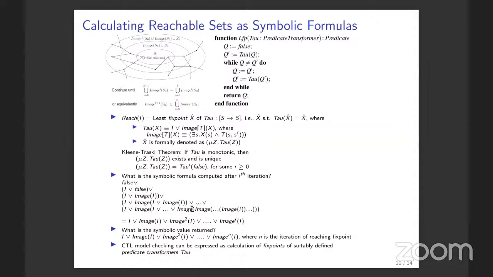So, in order to check if all those states satisfy P, of course, one way of doing it is, you will have to check that this formula implies P, okay?